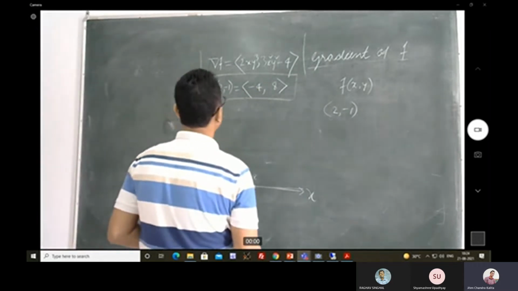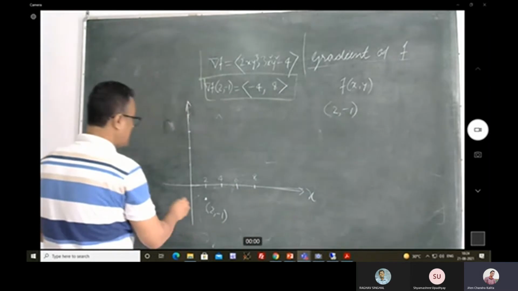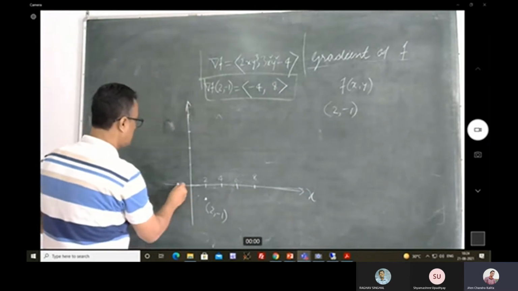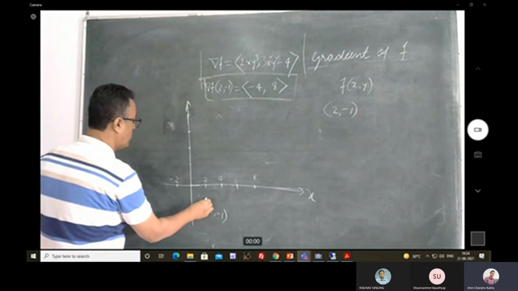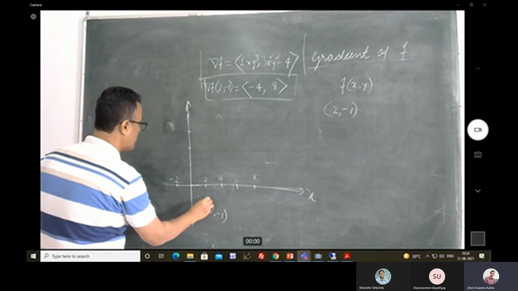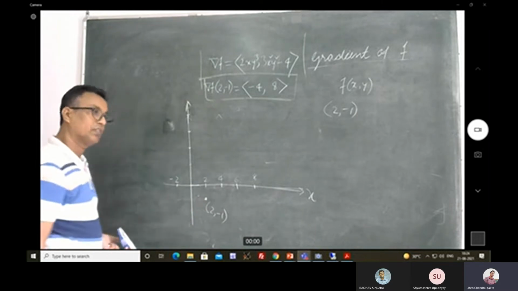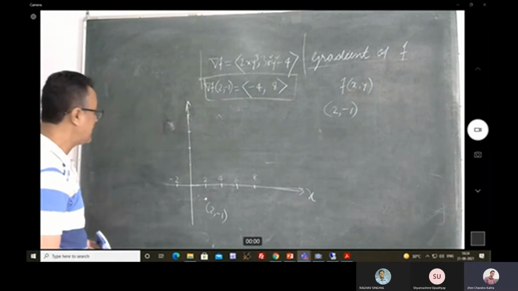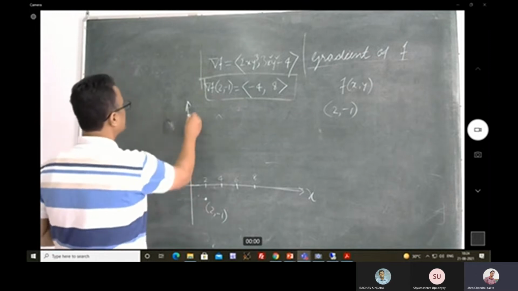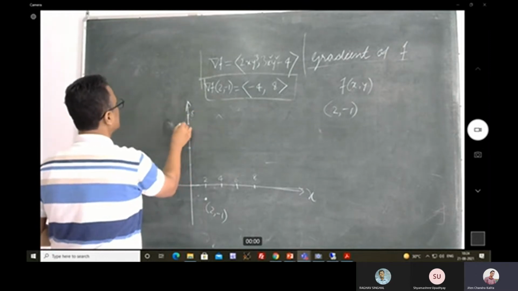So the vector is going to be what? Minus 4, so I'll have to go 4 units towards the left, and then 8 units up.